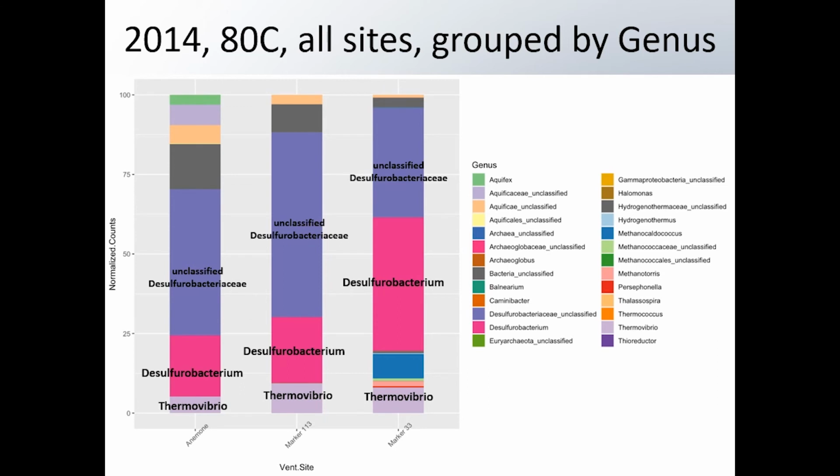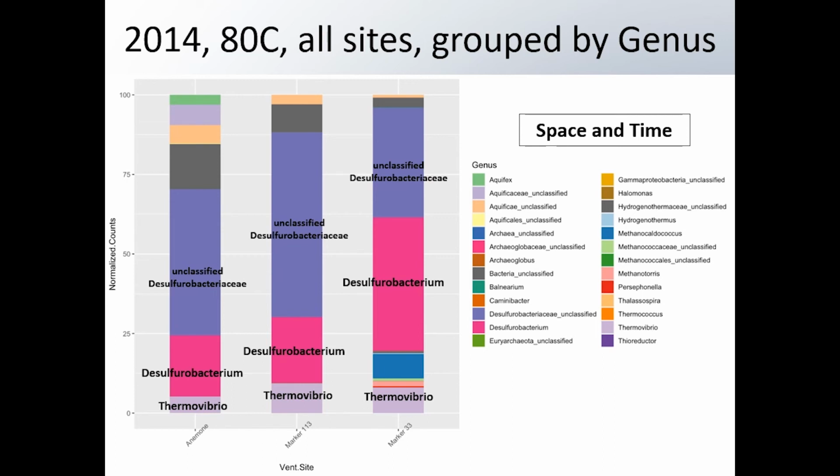So next I compared RNA SIP results again over space. However, this time it was for 80C, so the same temperature as before, during 2014. This allows us to compare across both space and time because we can compare it to the 2013 results as well. First, all of the Methanococcus we saw at marker 113 is gone; again, it's in the middle bar.